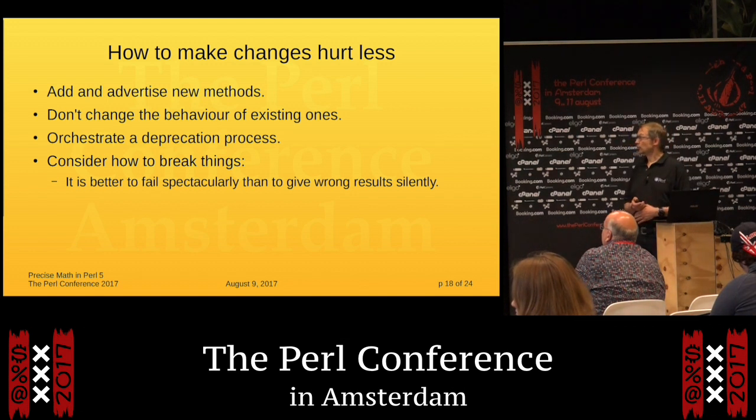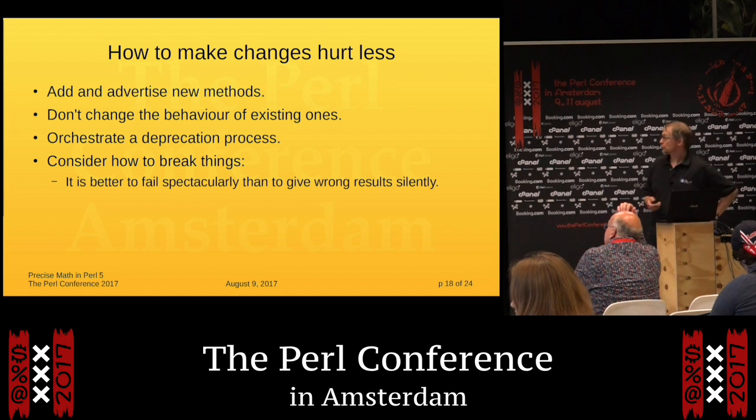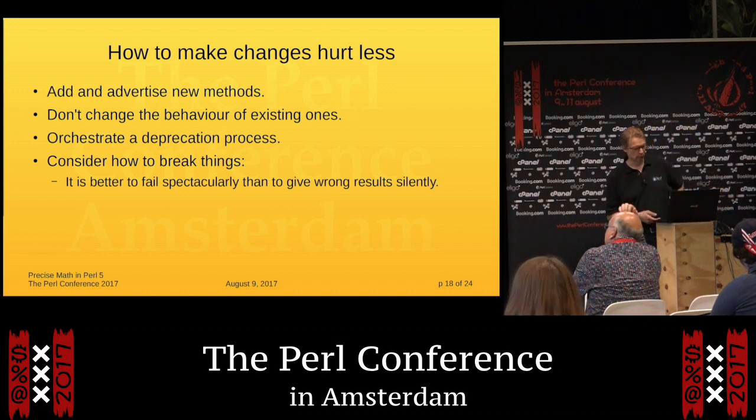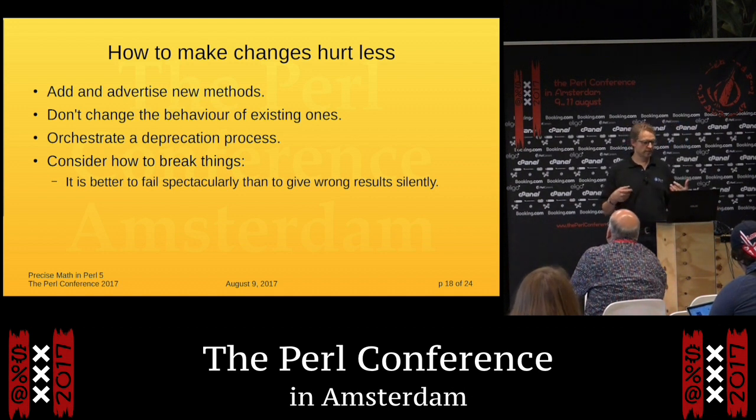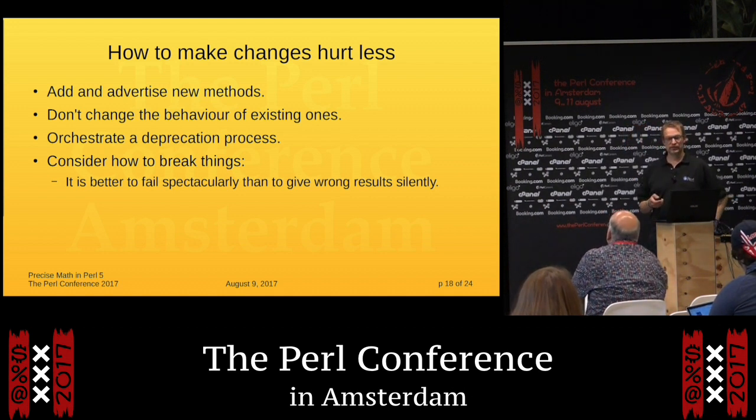So, some lessons learned here. For module authors, how could you make changes hurt less? We want to help our users, don't we? For one thing, I'm a big fan of introducing new functionality preferably with new methods, with new names for things.